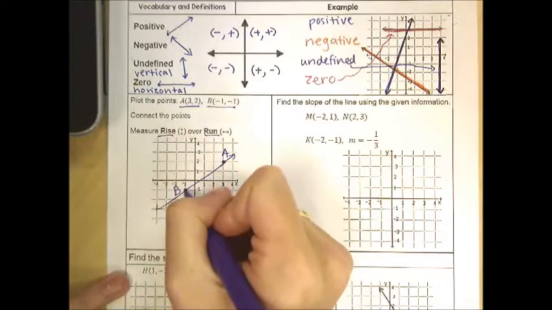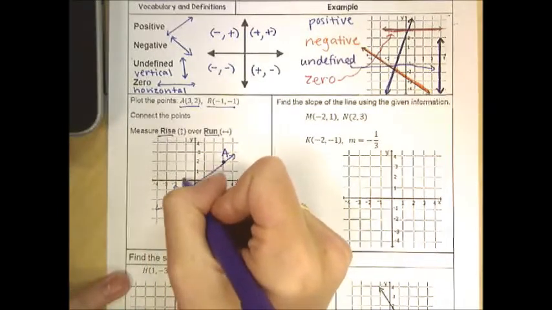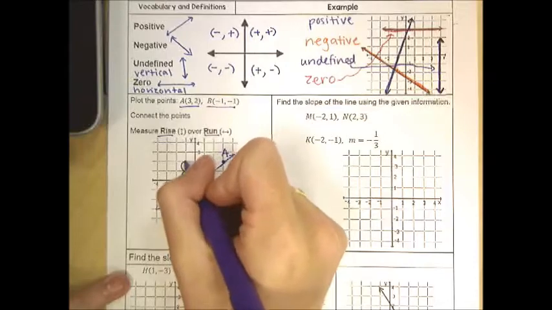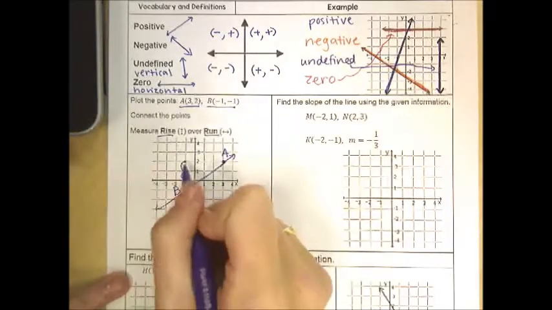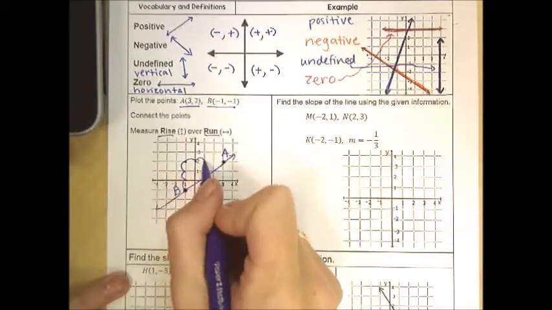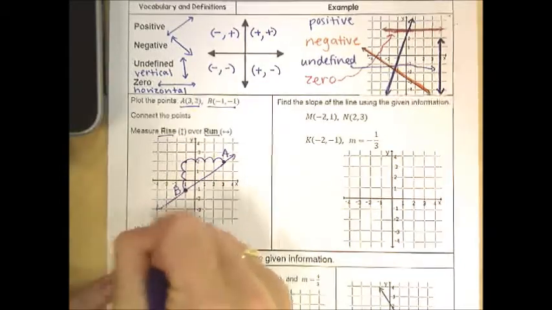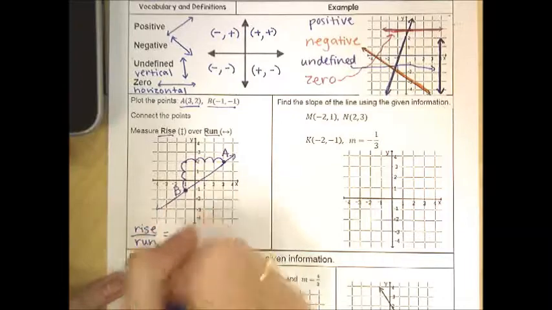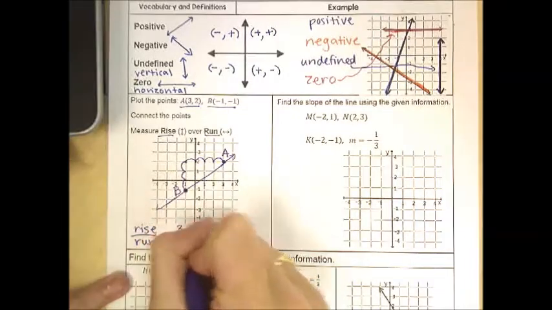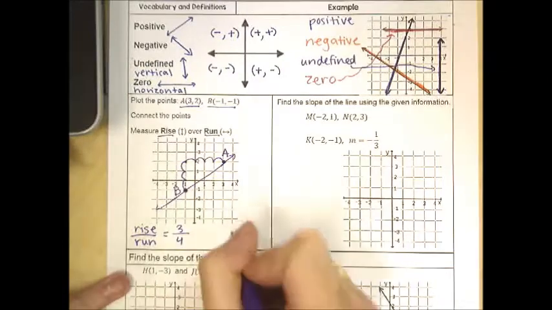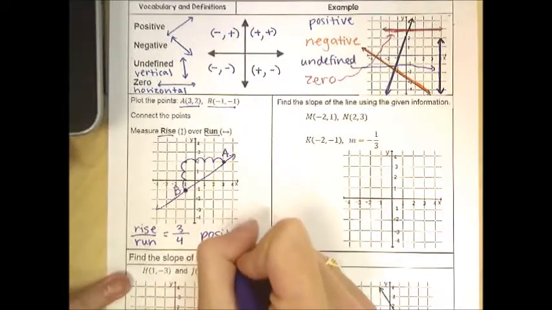So I start down here. I'm going to rise 1, 2, 3 units, and then I'm going to run over to the right 1, 2, 3, 4 units. So my rise over my run was 3 units up and 4 units over. And I also noticed that this slope is positive.